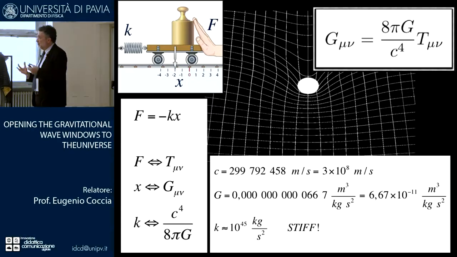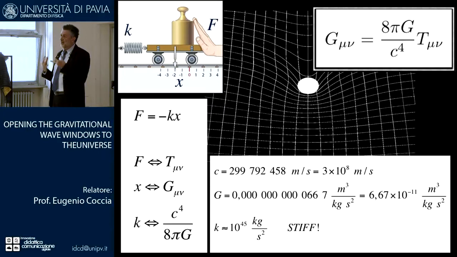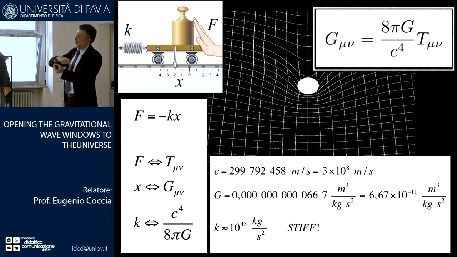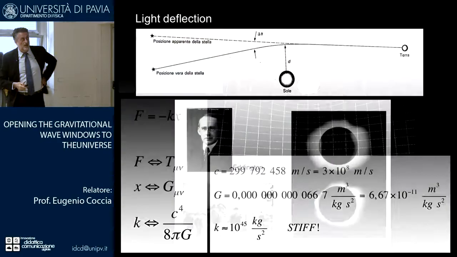I have to deform space-time with a very big mass, like the sun. And how do I see the effect of this deformation? The Earth goes around. This is the effect. The Earth goes free. No force. It just follows the minimum distance in the space-time which is deformed by the presence of the sun.